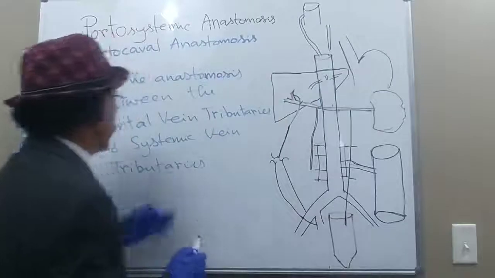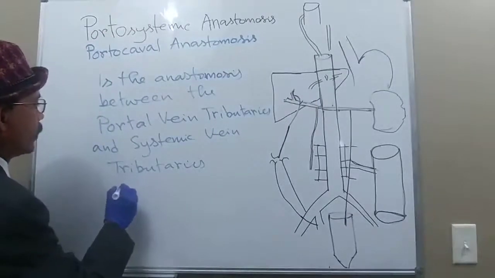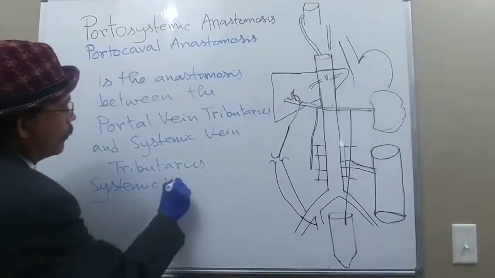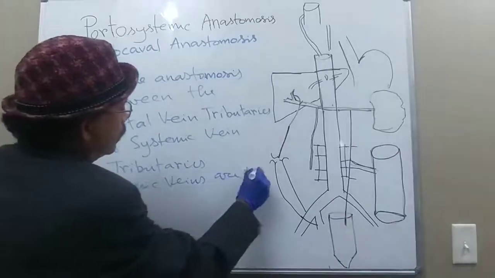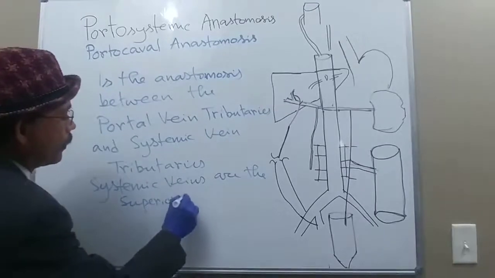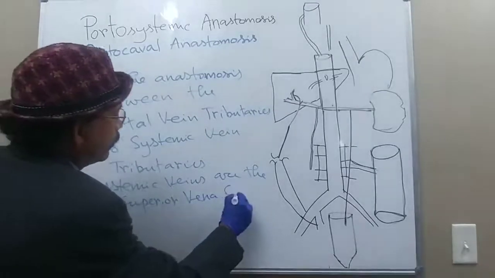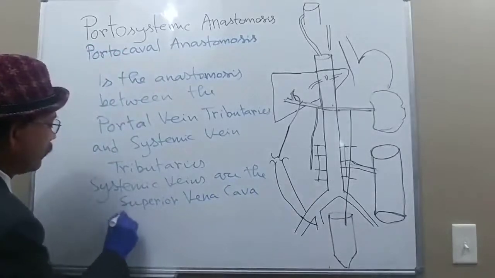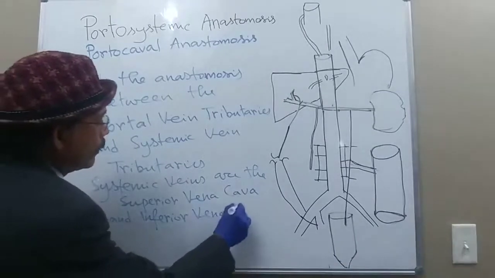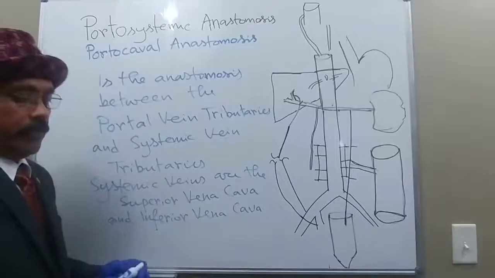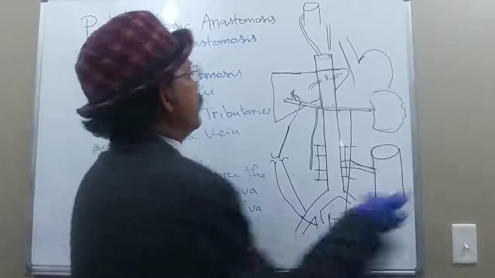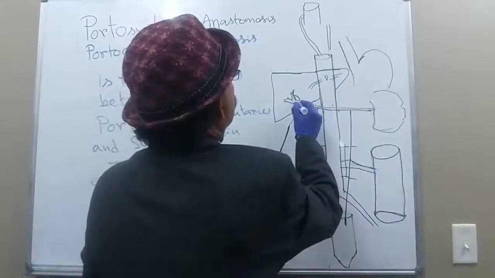The systemic veins are the superior vena cava and inferior vena cava. The portal vein is a vein that collects nutrition rich blood to the liver.